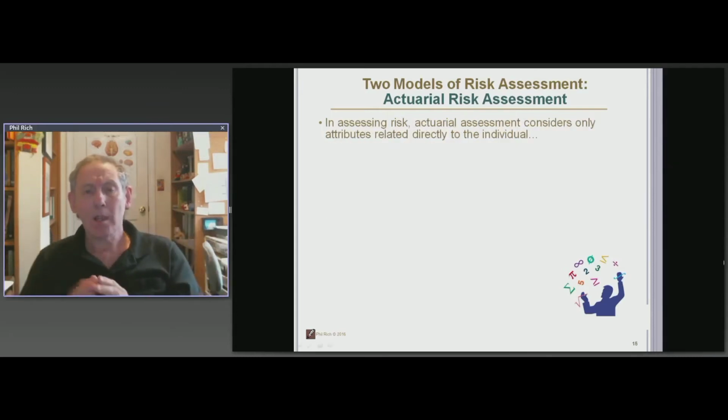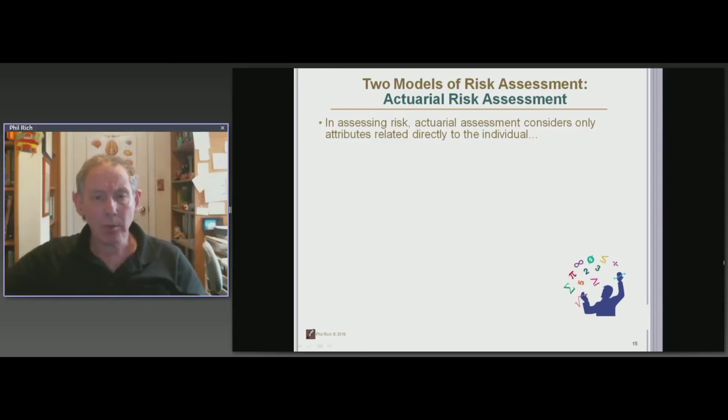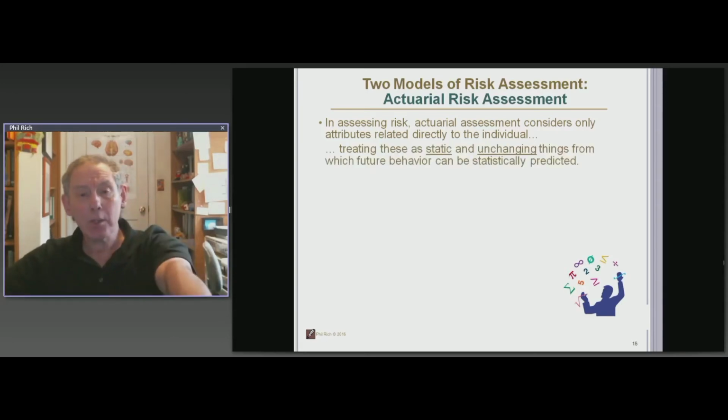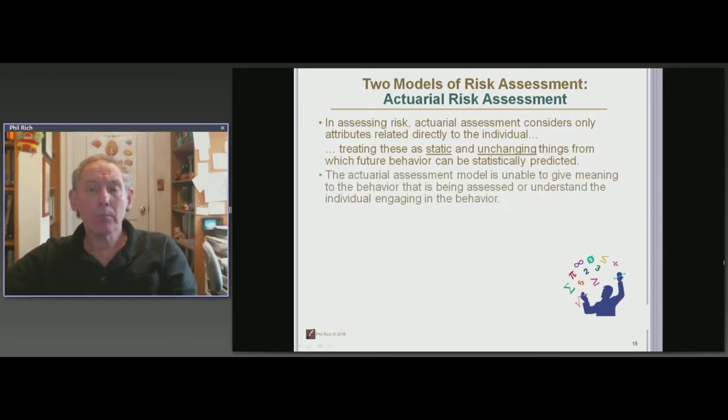In assessing risk, it pays attention only to attributes directly related to the individual, and it sees those things as unchanging, static things from which we can statistically predict future behavior. Statistically, that doesn't mean it's going to happen, but we're talking here about statistical probabilities. It's unable to give any meaning to the behavior. It's unable to help you understand the individual.